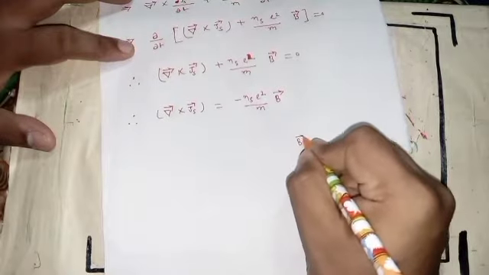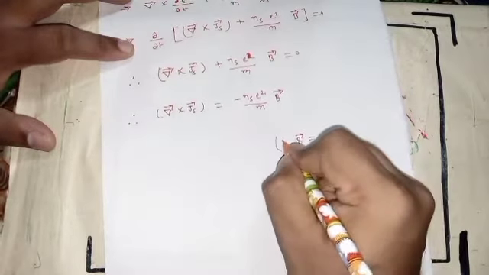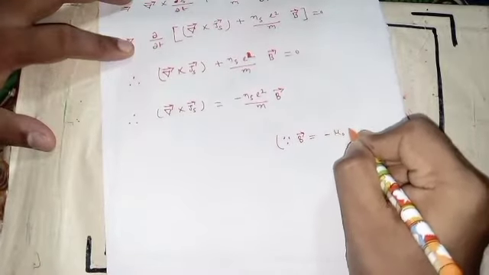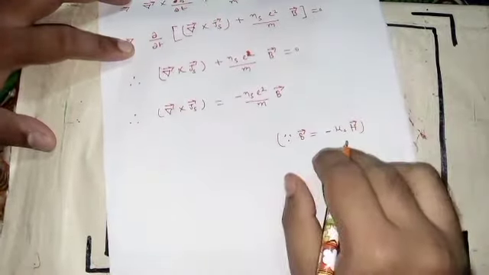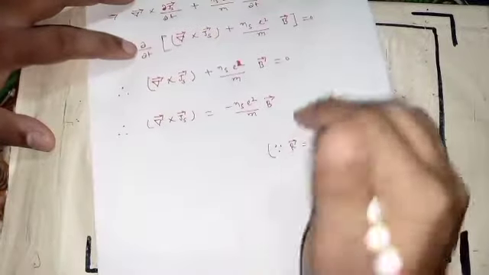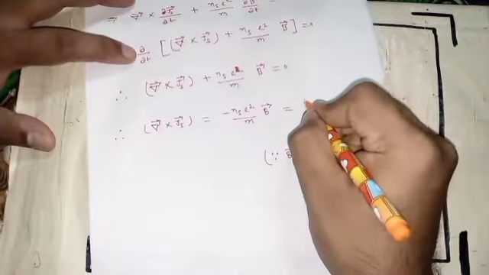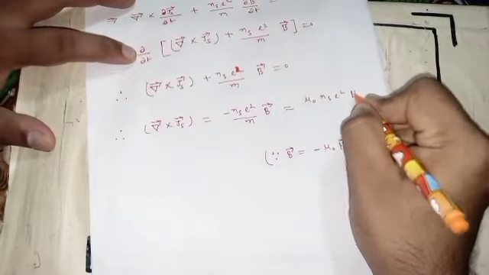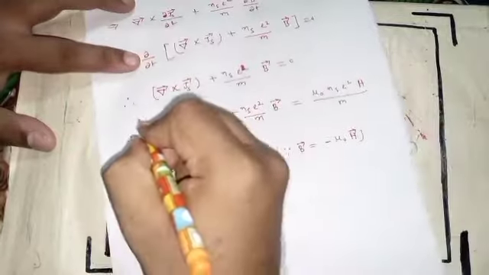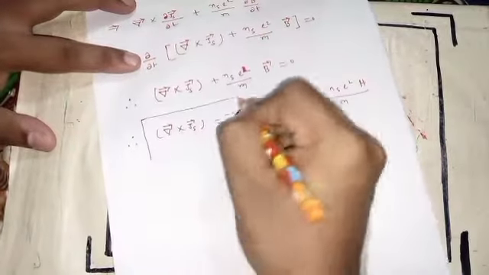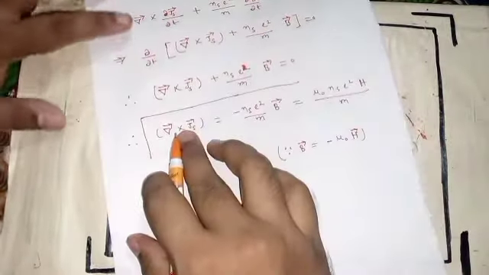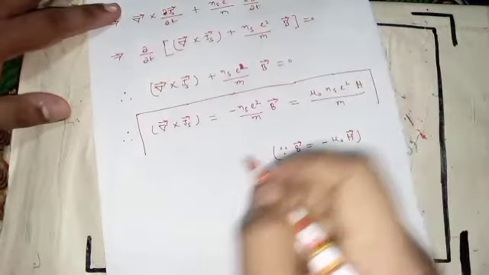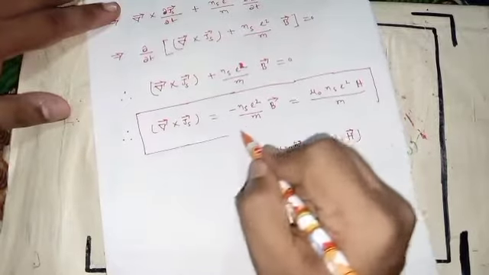We know that B vector, the magnetic field or applied field, is also equals to mu naught H vector. If we substitute this value, we can also get minus mu naught Ns e square H vector by m. This is the other form of curl of Js vector, where Js is the supercurrent density.